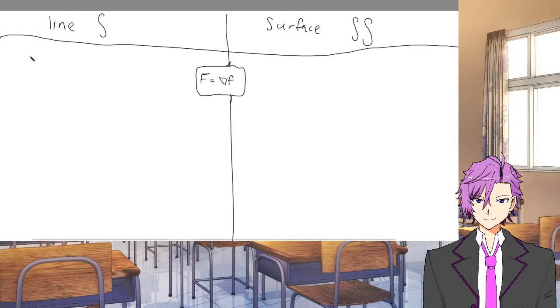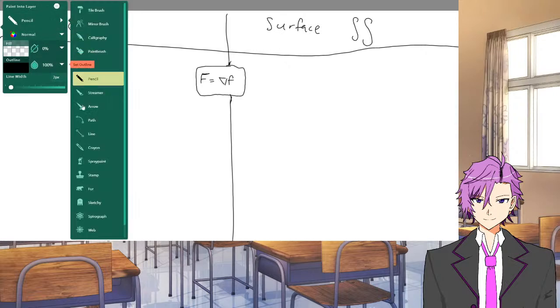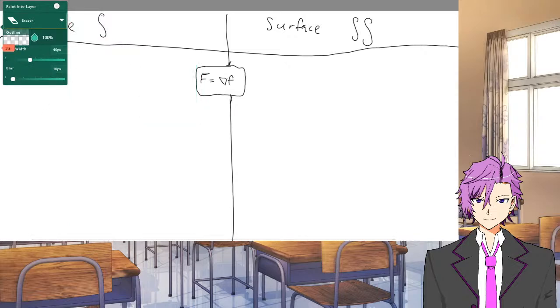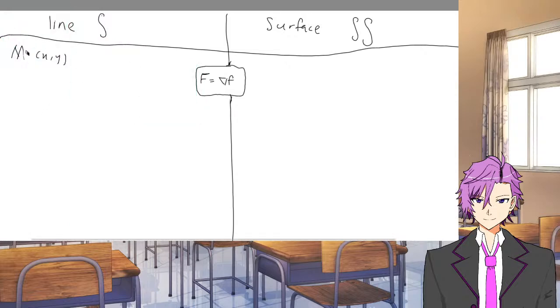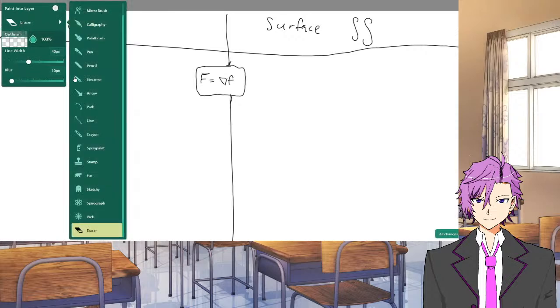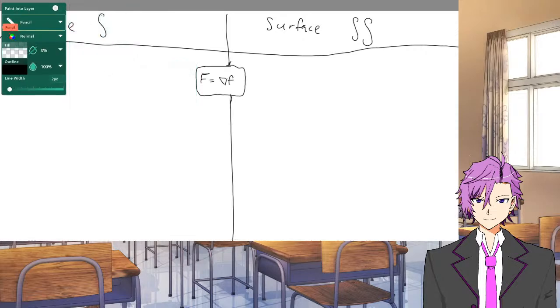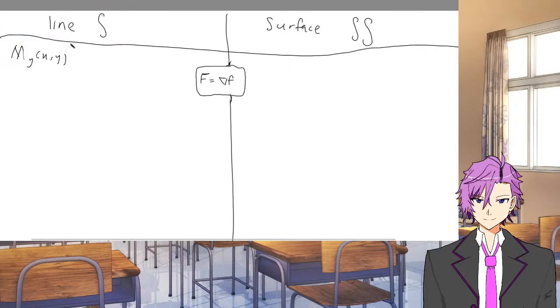Okay, so if you remember in vector fields again, that it's not Mx but My, and then there's Nx.